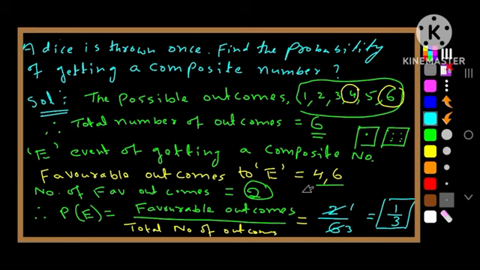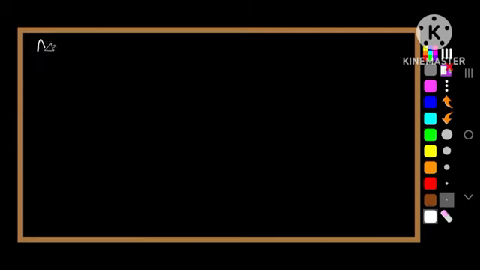So simply you have to remember the formula: favorable outcomes by total number of outcomes. The favorable outcomes here are 2, and the total number of outcomes is 6, so 2 by 6. If we simplify, we get 1 by 3. Now let us see the next problem.